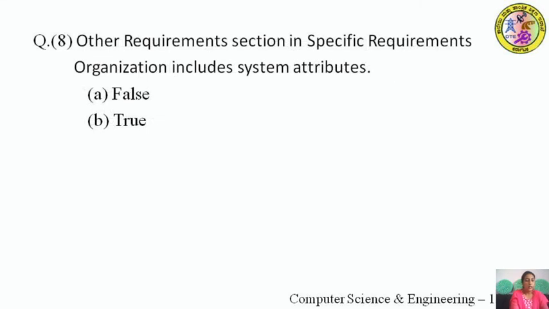So the question here is other requirements section in specific requirements organization includes system attributes. Your options here are A false, B true. Do you know the correct answer for this?